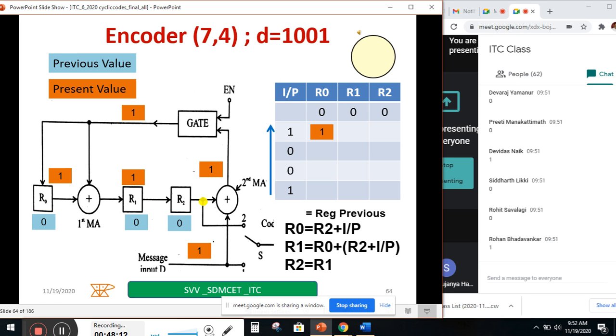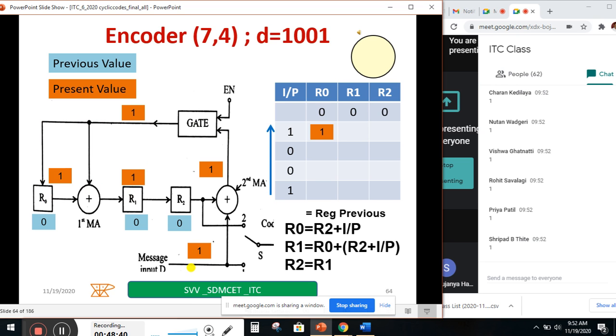Please concentrate here. I have to take the previous value, because this one has come here but it has not been stored yet. So the previous value is 0, the present input is 1, 0 plus 1, so R1 will become 1. Try to understand. That's why I am telling you, concentrate on the slide. Anyway, we will spend a little more time.